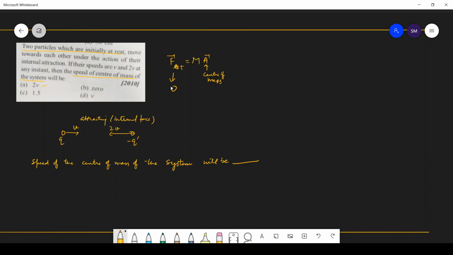So external force is 0. So obviously the acceleration of the center of mass will be 0, so the speed of the center of mass will be 0. Center of mass will be stationary.